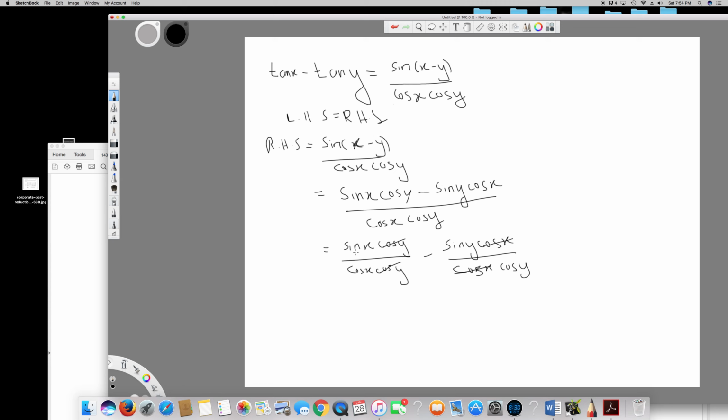Sin x over cos x is tan x, minus sin y over cos y, which is tan y. So we have proved that the right hand side is equal to the left hand side. We have done the second question.